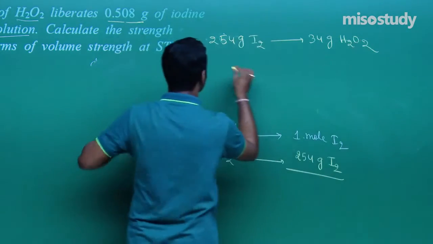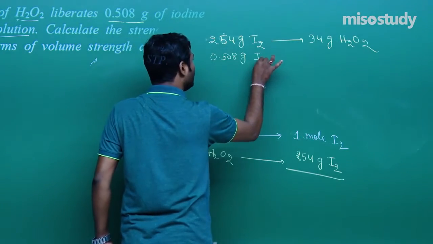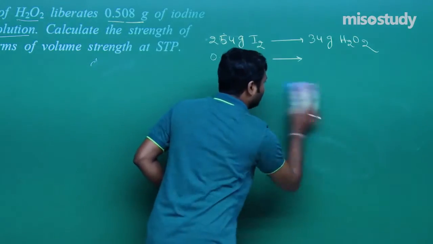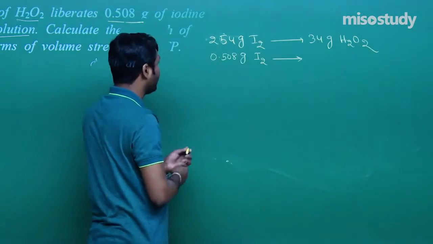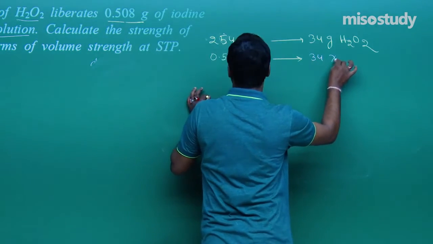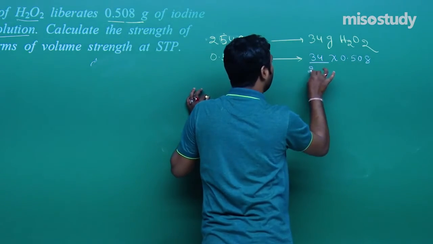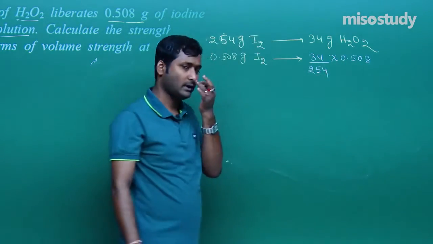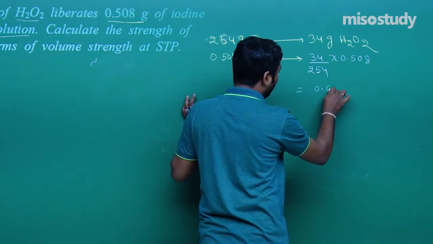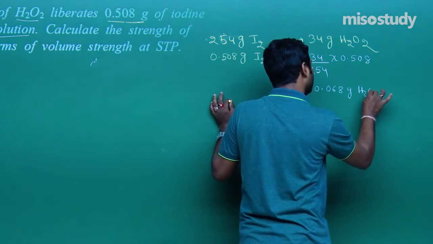Now according to the question, 0.508 gram I2 comes from, tell me, 34 into 0.508 divided by 254. Am I right or wrong? Right. Now after solving we get almost 0.068 gram H2O2.